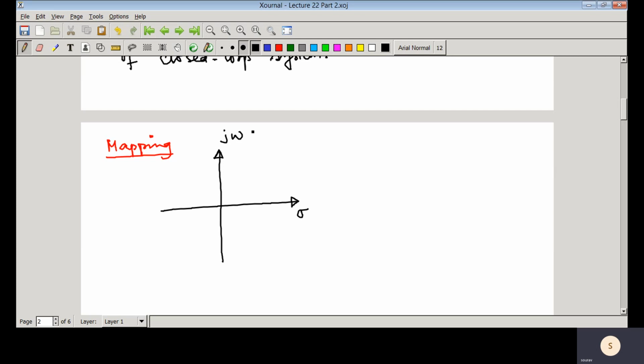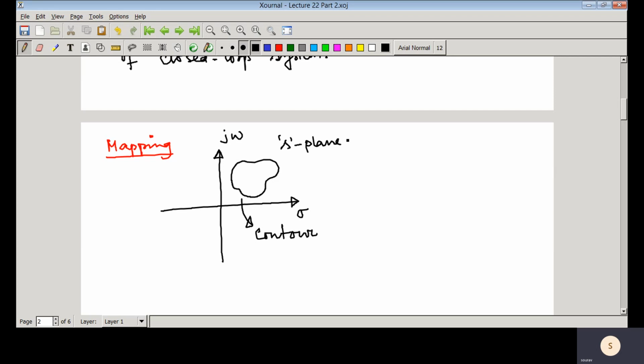Now suppose this is a contour. You all know what a contour is: a continuous, closed line. The plane that we have considered is the S plane.